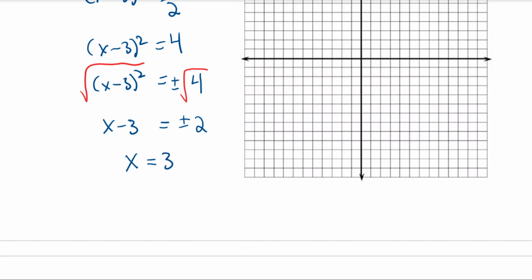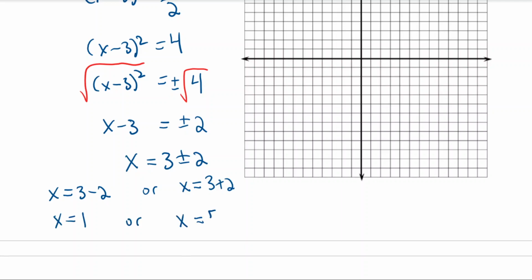We have 3 plus or minus 2. So, as a result, we're going to have two answers. We're going to have 3 minus 2, or we could have x equals 3 plus 2, where we get x is 1 or x equals 5.